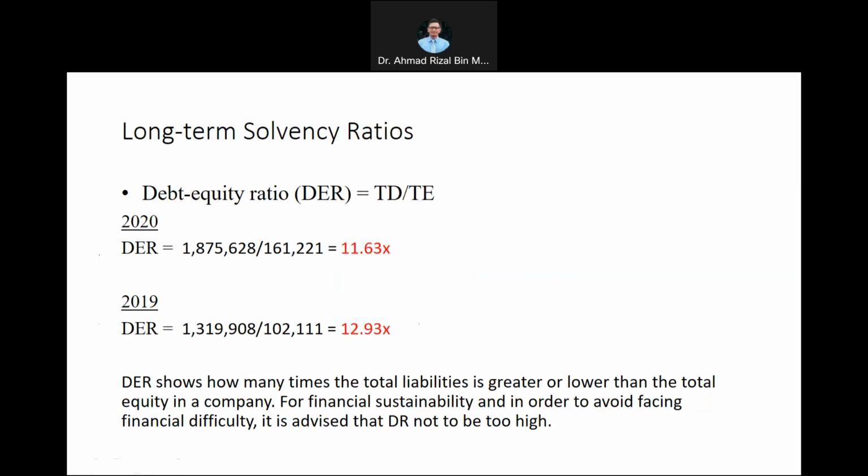So basically the ratio shows how many times the total liabilities is greater or lower than the total equity. So in this case, it is about 11, 12 times more than equity. As I have mentioned, you do not want this ratio to be a high multiple. Okay? This is concerning for its financial sustainability as well as the probability of facing financial distress later, when your capital is highly leveraged. Right?